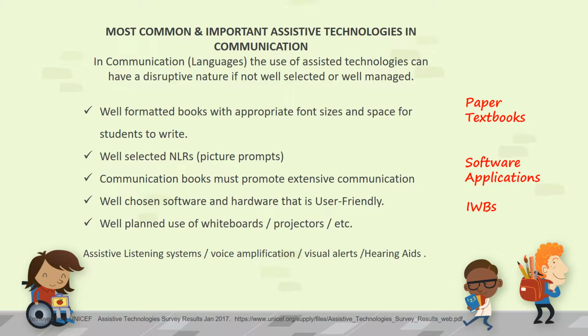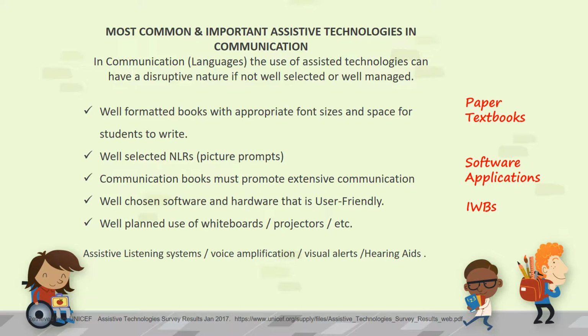So, in communication, what are the most common and important assistive technologies? Well, normally we have things like paper textbooks, software applications, and interactive whiteboards. They can have a disruptive nature if they're not well selected or not well managed.